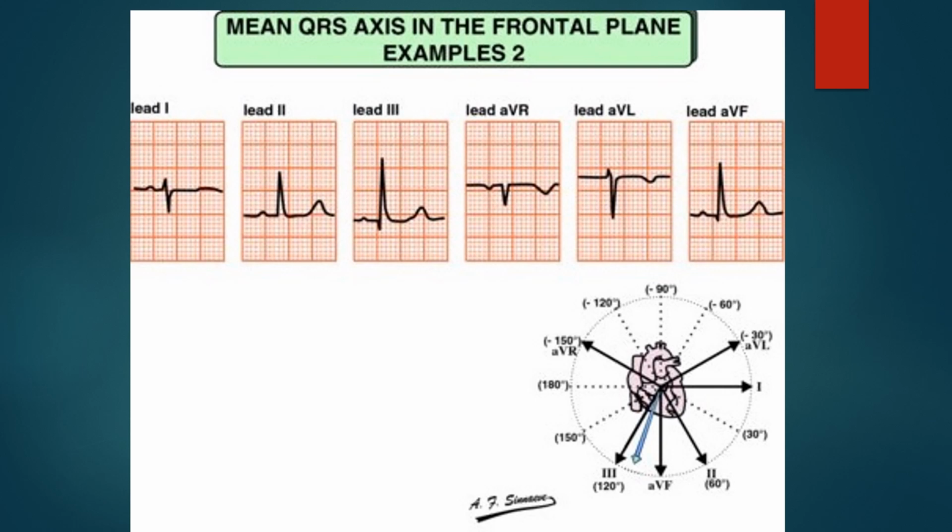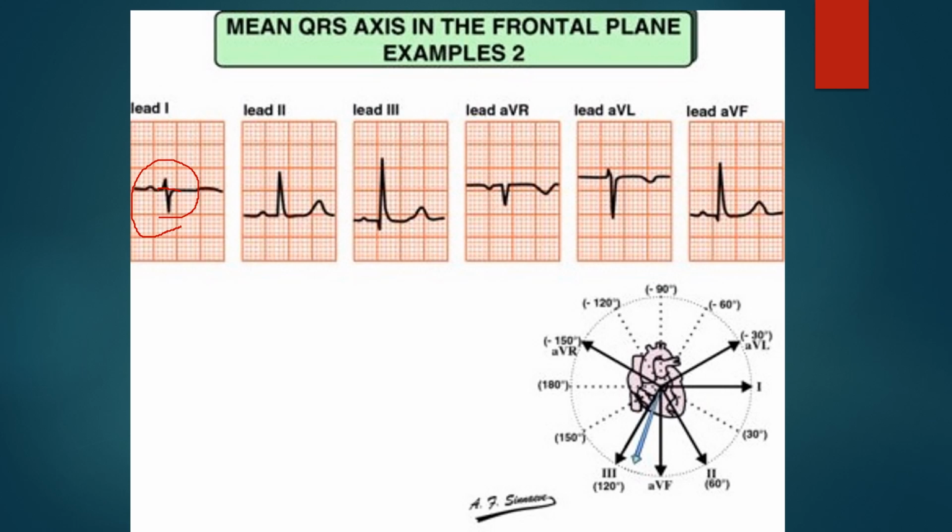Like see in this particular example, where the most equiphasic lead is again lead 1. The positive and negative are almost equal, but from the other leads the net deflection is minimum in lead 1, but the negative deflection is somewhat more than positive.